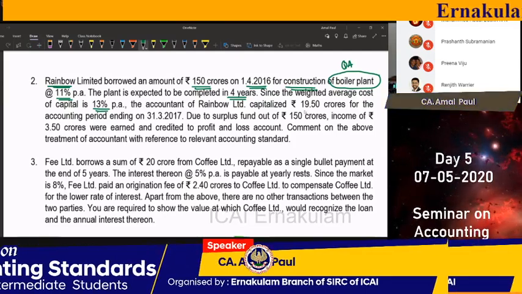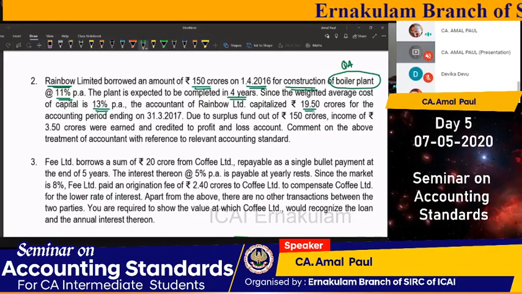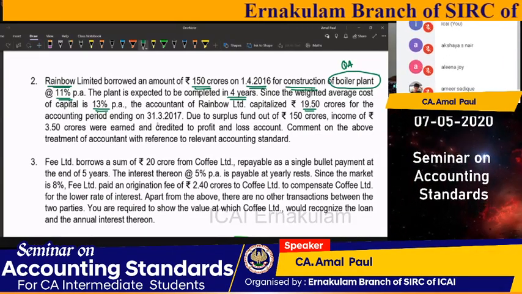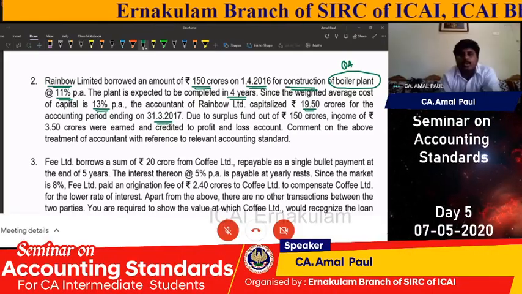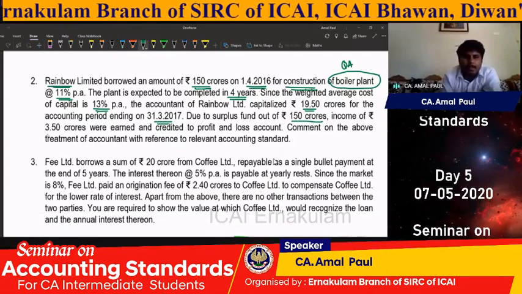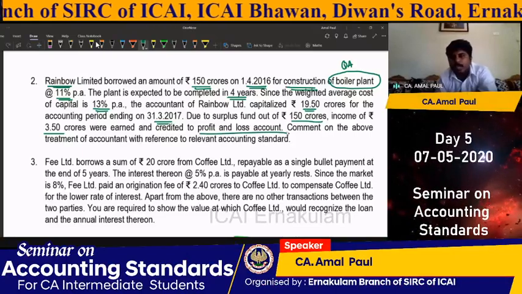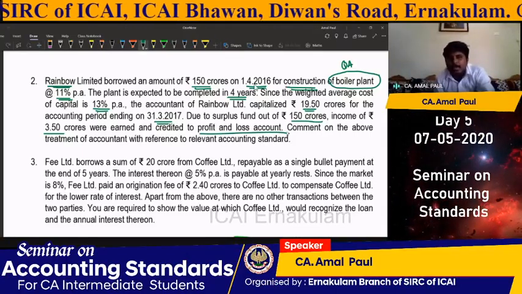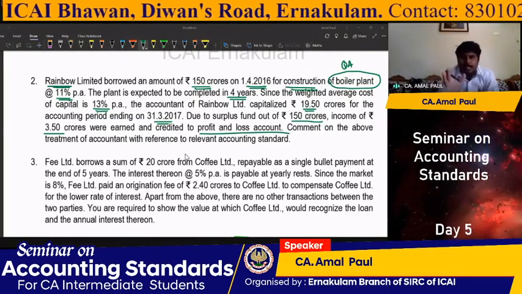The accountant of Rainbow Limited therefore capitalized 19.50 crores for the accounting year ending on 31/3/2017. Okay. Due to surplus funds out of 150 crores, income of 3.5 crores earned was credited to the profit and loss account. Comment on the above treatment by the accountant with reference to the relevant accounting standard.